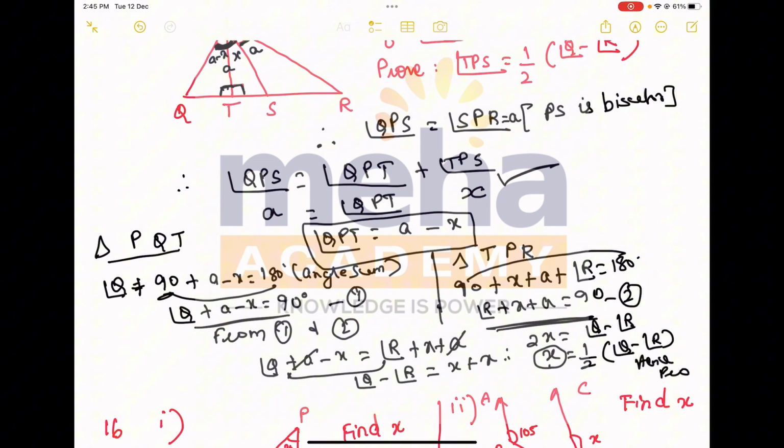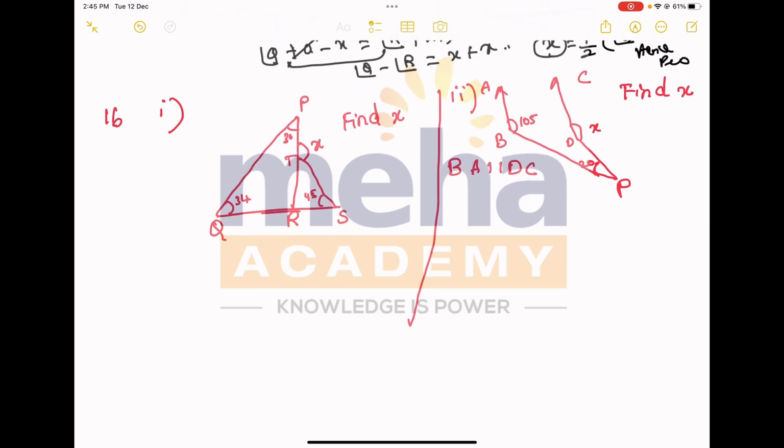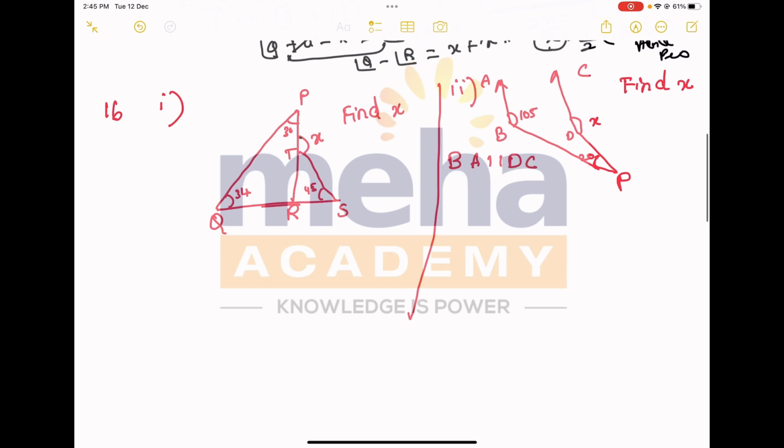Then we move on to the 16th question, where we have to find the value of angle X. So 16th question, first one. We have to find angle X, which is here. In triangle QPR, we know 34 degrees plus 30 degrees plus this angle PRQ gives 180, angle sum property.